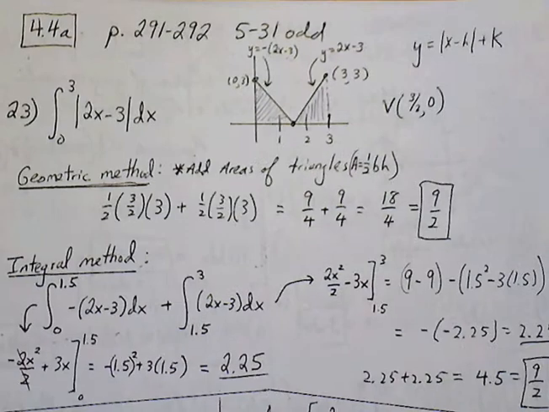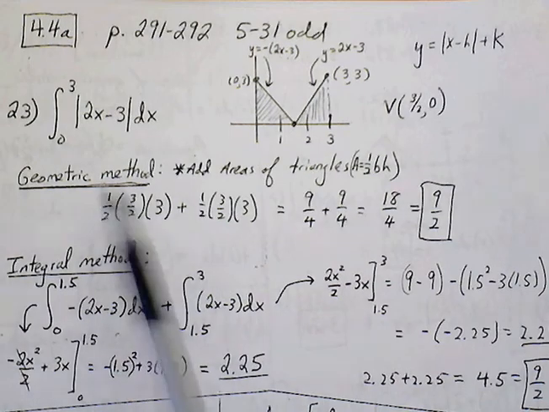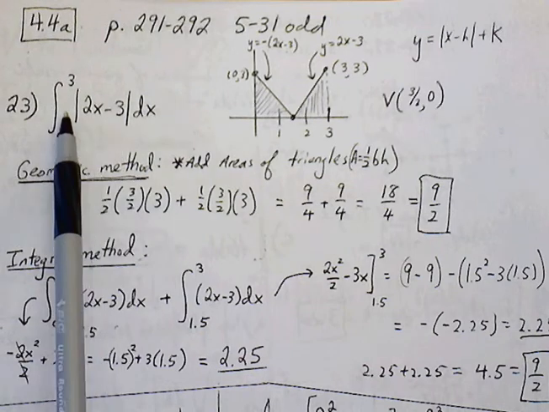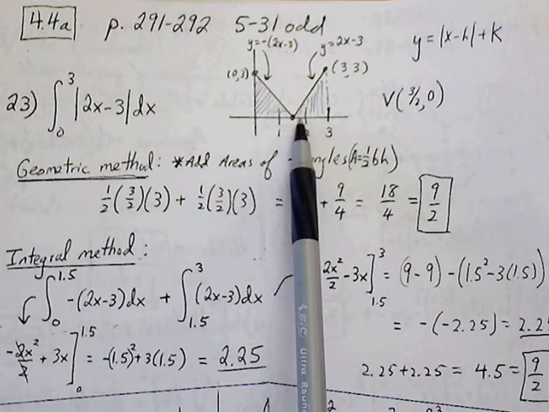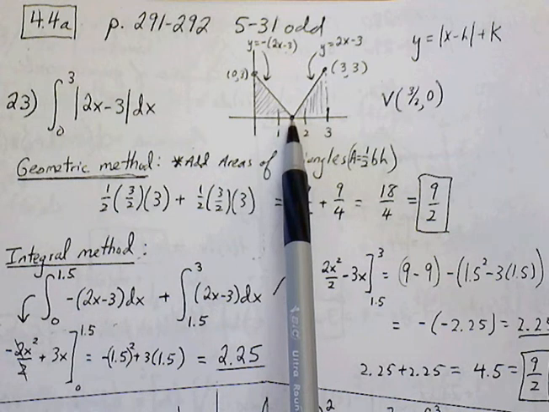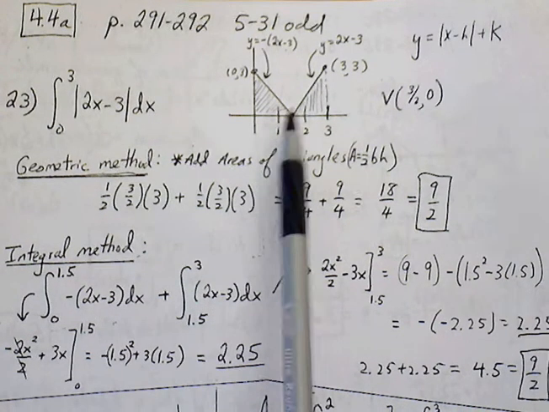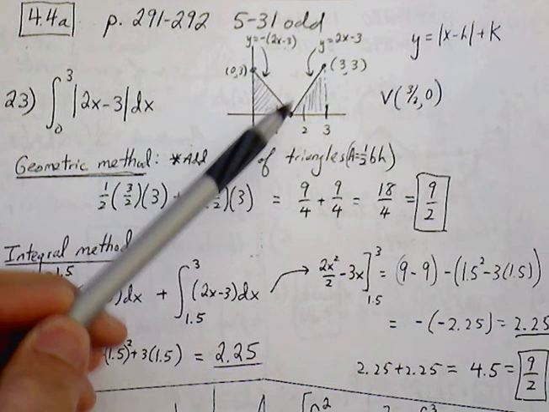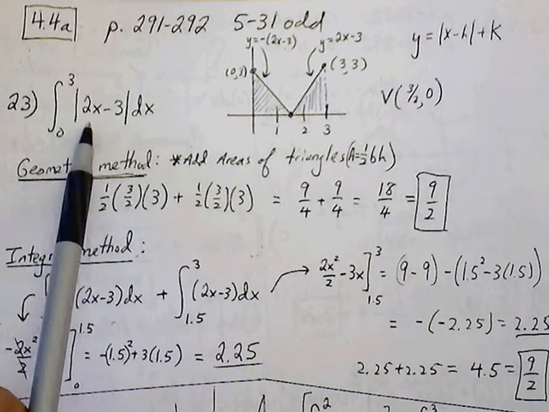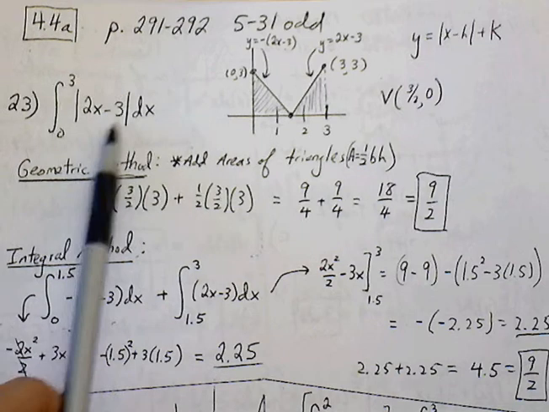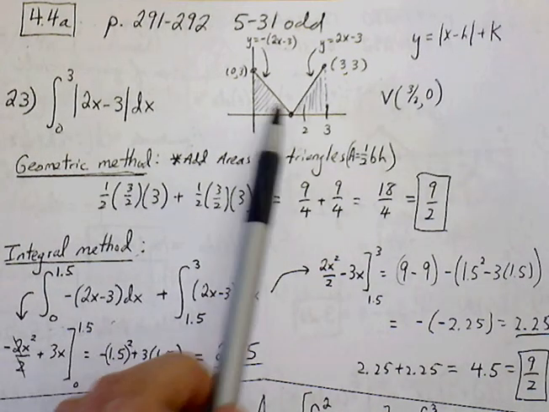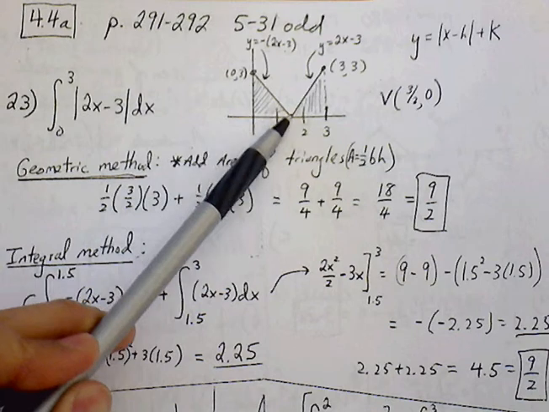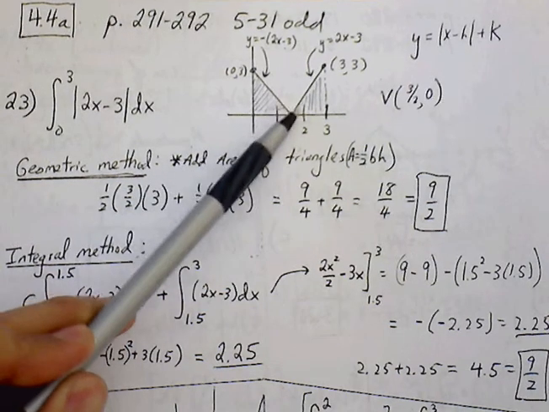Or 1.5, 0. We know the graph is going to be right side up because we have a positive a value. So you can plot your vertex at 3 halves, 0, and then we're going to have two lines: the original function as you see it, 2x minus 3, and also the negative version of the original line.